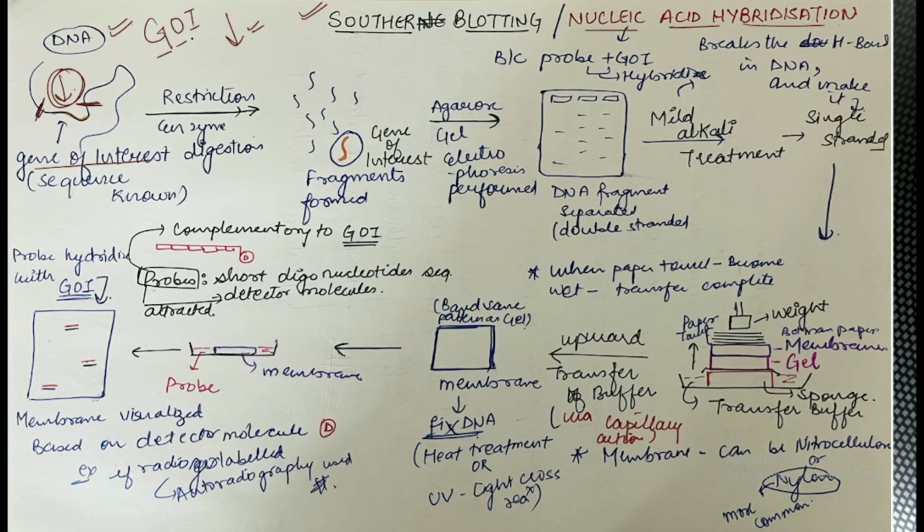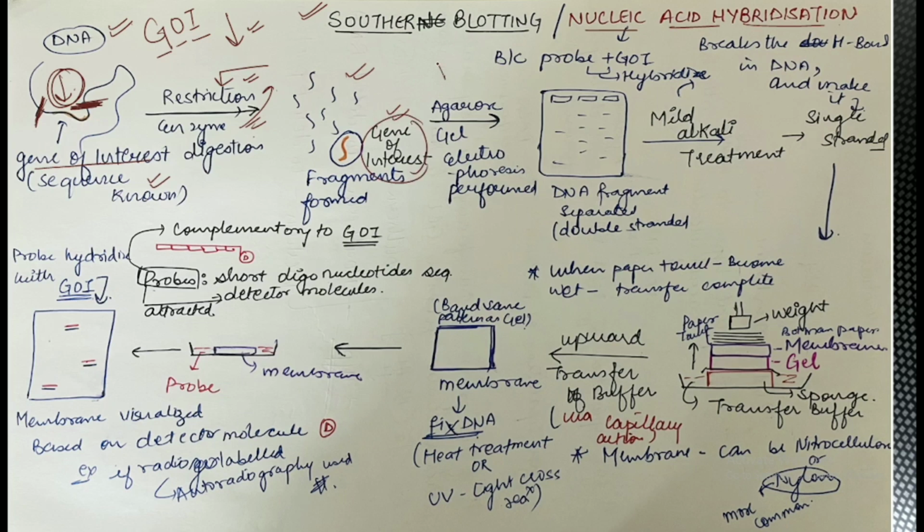So this is the known sequence. Now after you have identified that this particular gene is required, we subject it to the restriction enzyme, that is the molecular scissors. As a result of it, you will get the fragments of the complete DNA, and from this complete mixture we have our gene of interest.